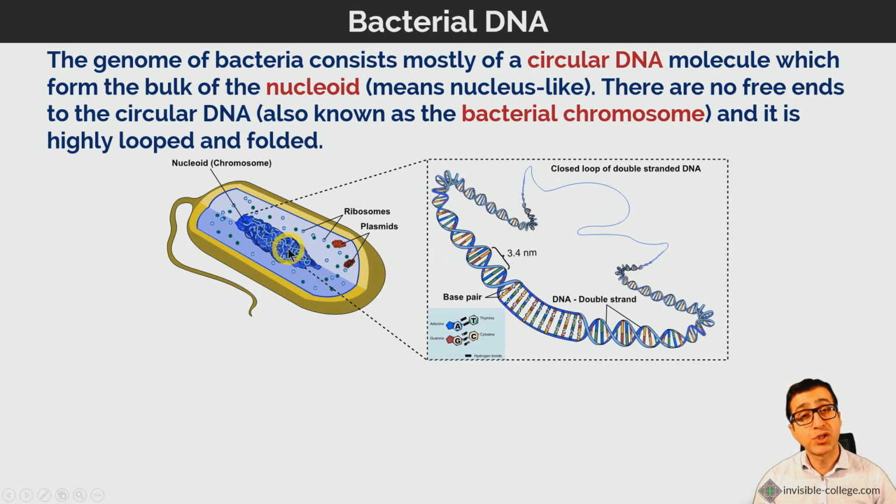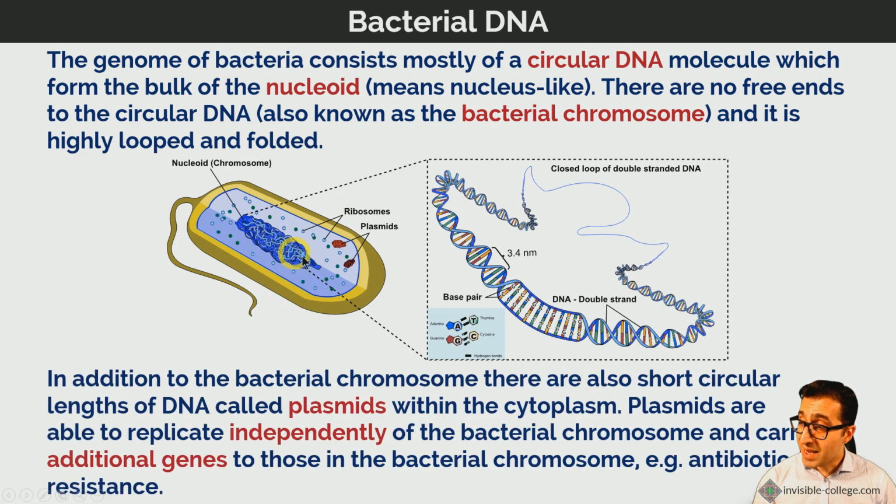It's not wrapped around packaging proteins like it is in eukaryotes, and it's a circular loop, unlike the linear DNA strands of eukaryotes. Now, without a nucleus, this loop of DNA is coiled up into a region of the cytoplasm called the nucleoid.